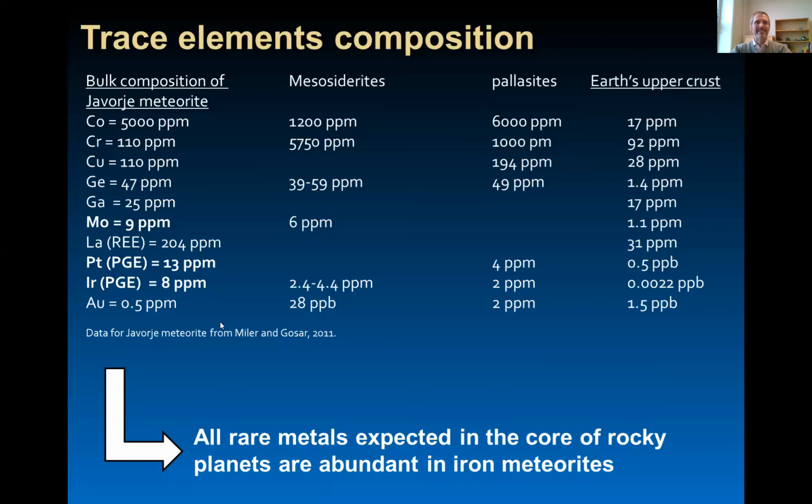Gold, slightly less enriched compared to pallasites, but more abundant definitely than in mesosiderites or the upper crust of Earth. All the rare metals expected in the core of rocky planets are abundant in our iron meteorites. That is very, very interesting in terms of resource.